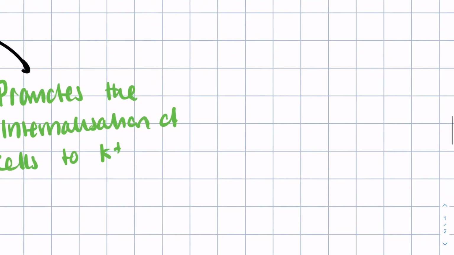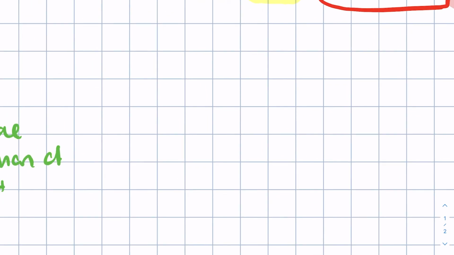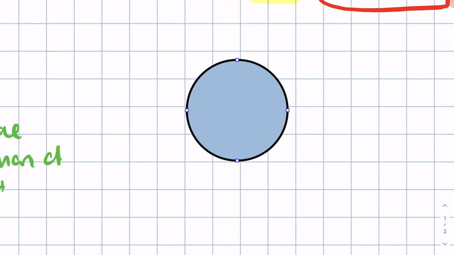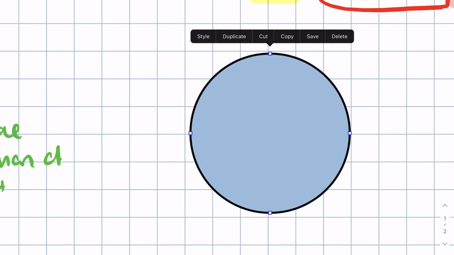So if we have a look at the cell again, it's a terrible colour.